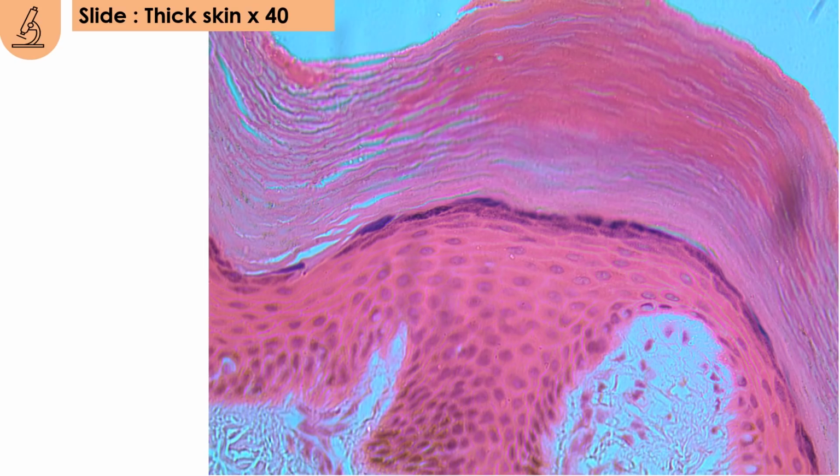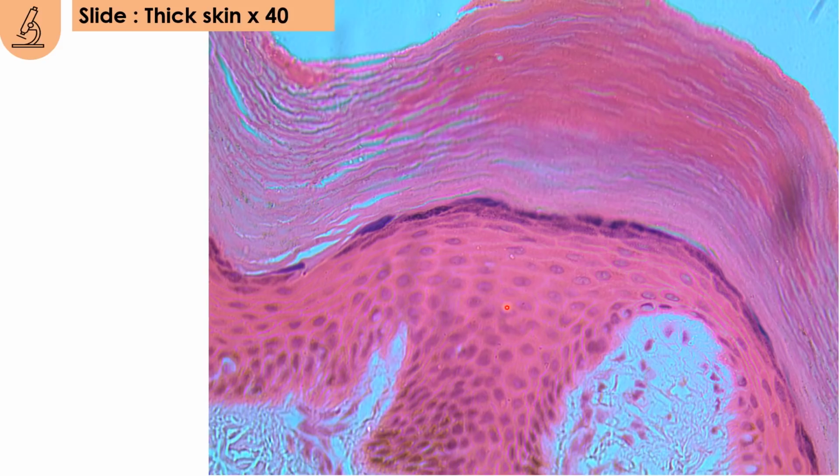So this is how the epithelium of the thick skin, formed by the epidermis, looks. You can see, of course, it's multiple layers. This is the basal layer, this is the intermediate layer, and this would be the outer layer.